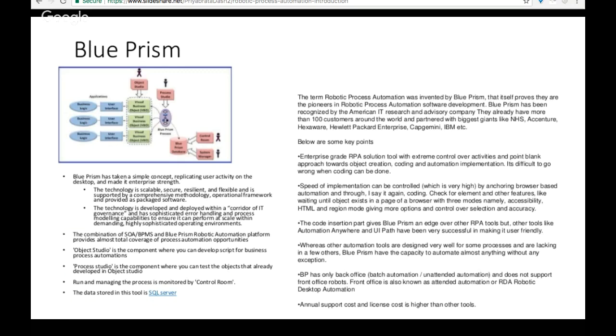Another point about Blue Prism is that one problem is it runs on SQL Server. If you want to aggregate the logs in Blue Prism, you have to define external programs that listen to these logs from the database, and then you can use something like Solr or Splunk to monitor them.